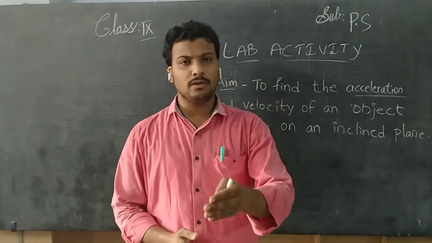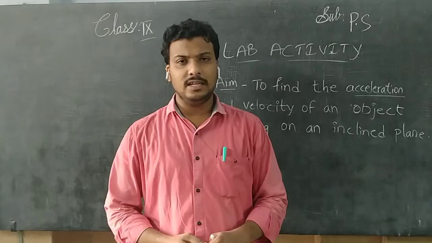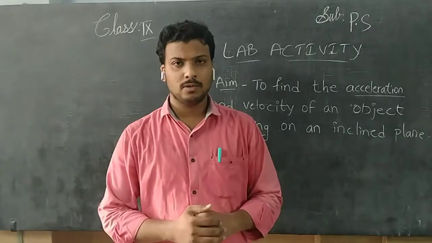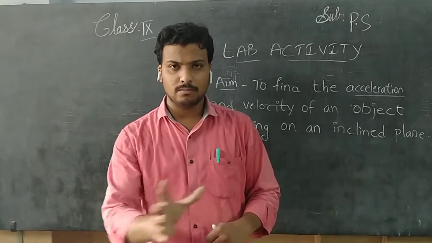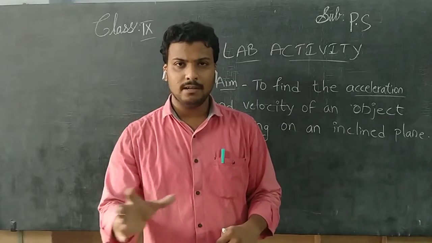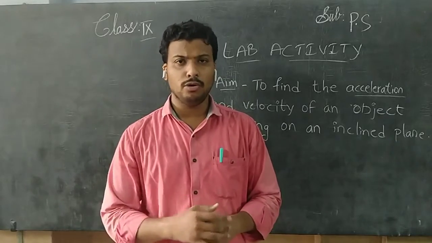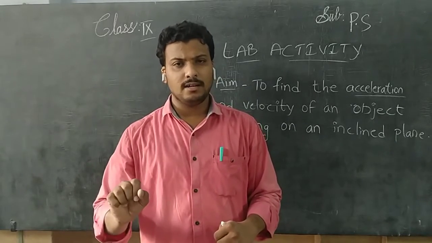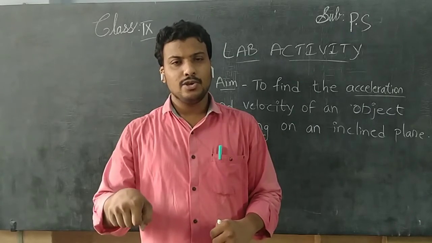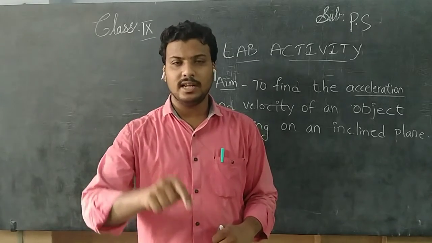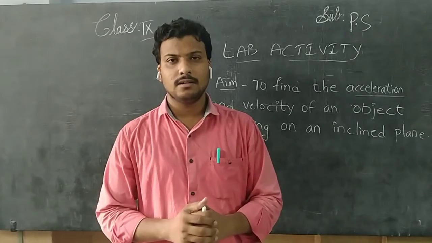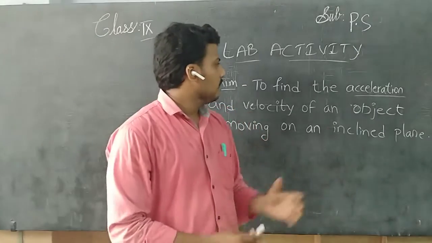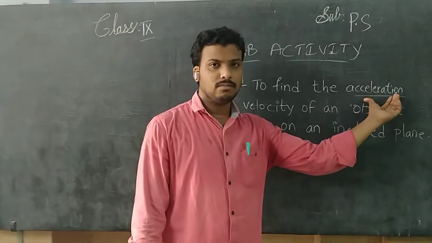When you are moving on the bike, can you continuously go with the same speed, like 30 kilometers per hour? Can you maintain that speed throughout 1 hour? No, you cannot. You will accelerate and decelerate at certain times. Here, acceleration is nothing but the rate of change of velocity of an object.